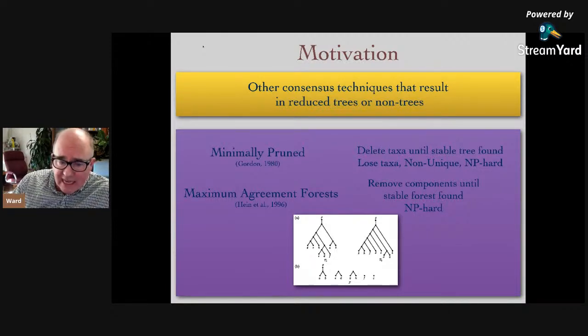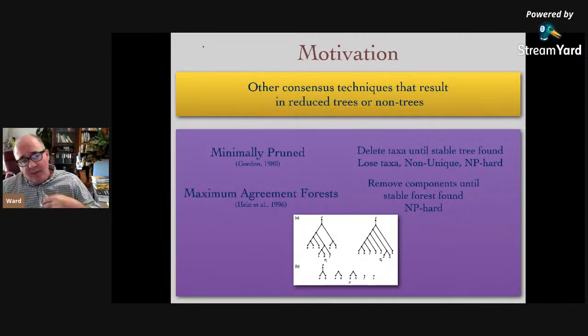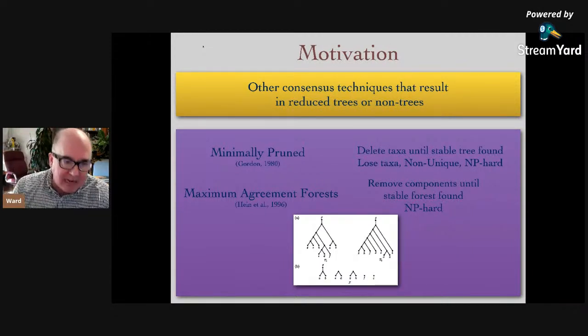Now there are other consensus techniques in the literature that can result in reduced trees or non-trees. By reduced trees, I mean that there are leaves or taxa present in the inputs that are not present in the output. One of them is a minimally pruned tree. I've seen this idea come up at least 5 or 6 different times in meetings and papers. The idea is, let's suppose you have a wild card taxon with very little data, or a lot of missing data, and it goes in many, many places, but the rest of the tree is really stable.